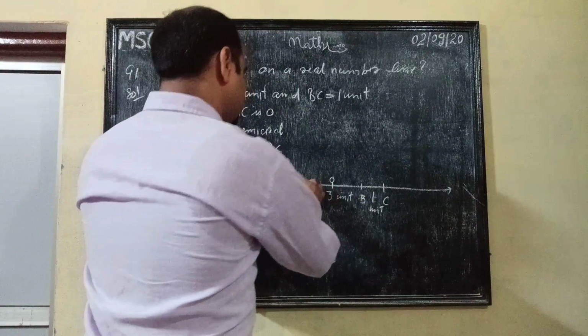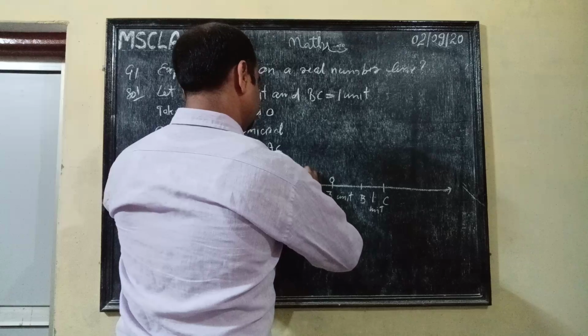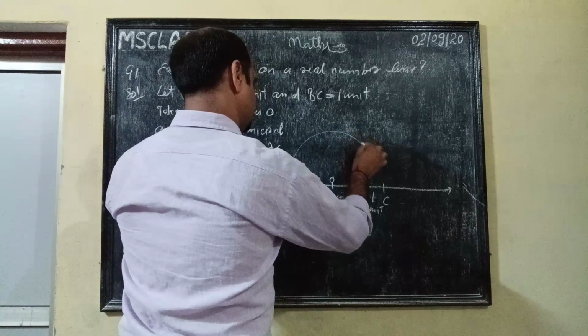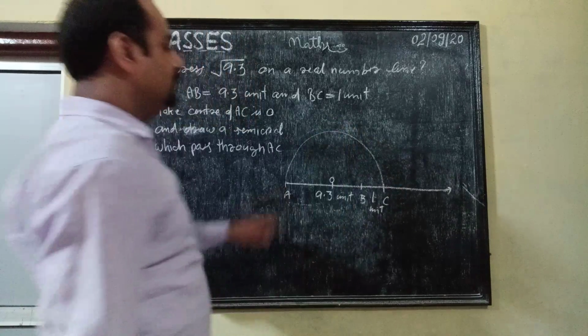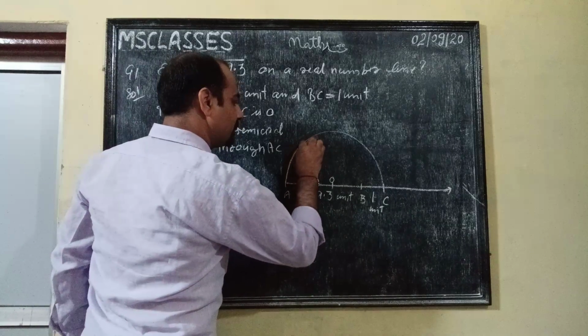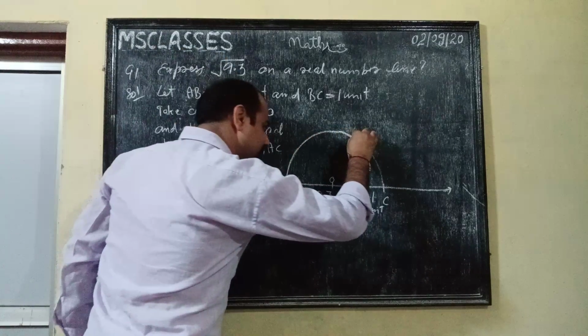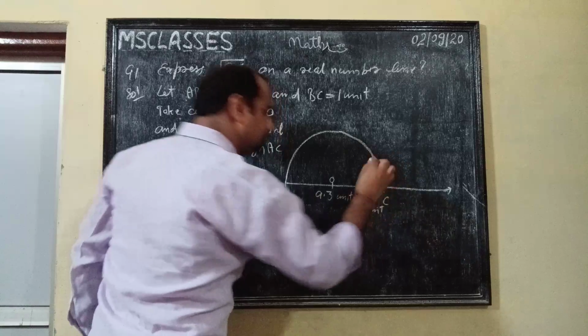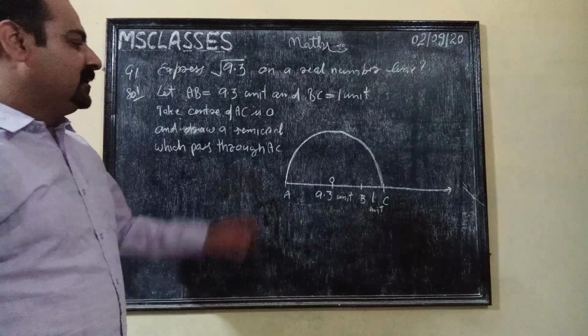So let's draw a circle which pass through AC. This is your semicircle. Right?